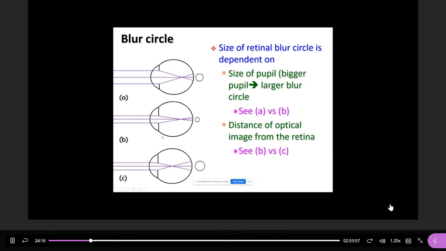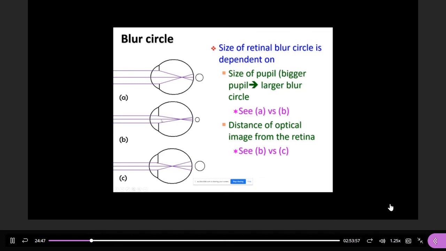So let's make a little bit of a summary. All right, about the size of the retinal blur circle, that means the image projected on the retina making the blur circle, it depends on figure A and figure B. If they have the same power, and they have a large pupil, normally they have a big blur circle. All right.